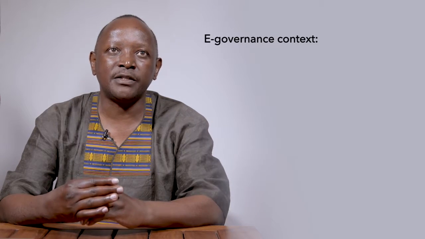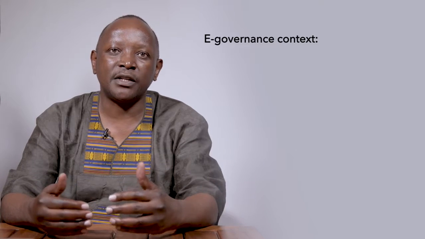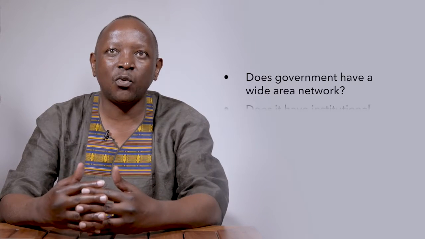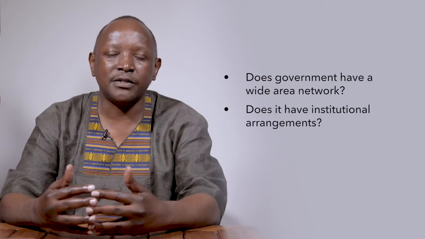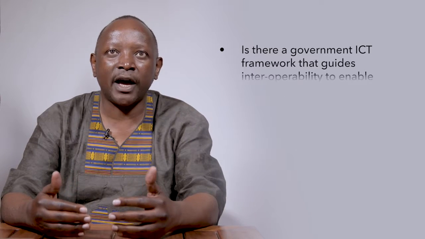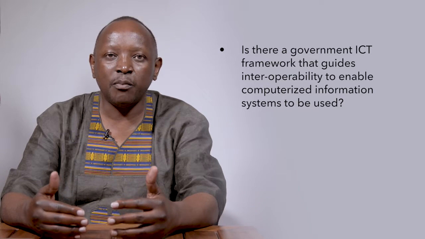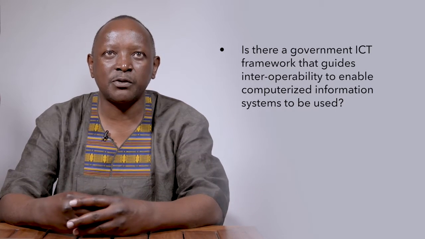Now, all this occurs within the broad context of social policy. But another component that we always need to look at is the broad e-governance context. This looks at the state of readiness of the e-governance platform within government. Does government have a wide area network? Does it have institutional arrangements? Is there a government ICT framework that guides interoperability to enable computerized information systems to be used?